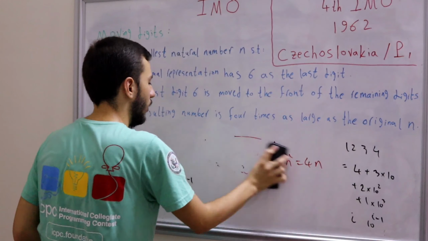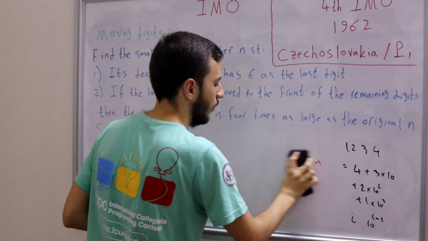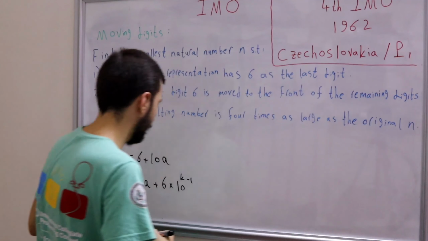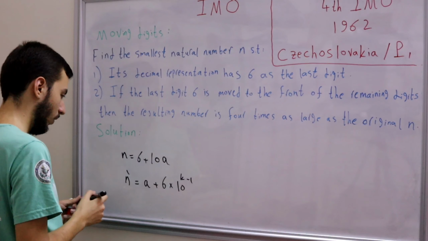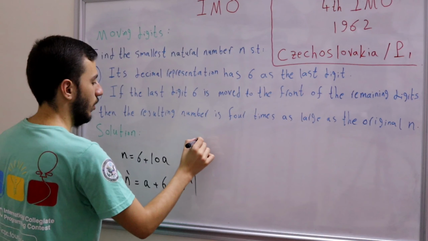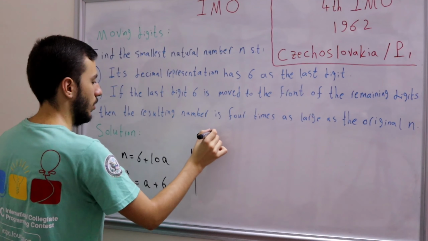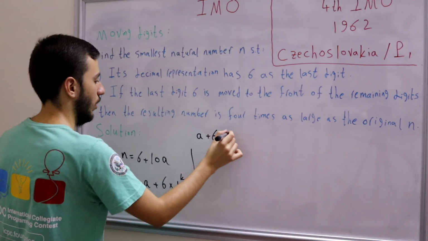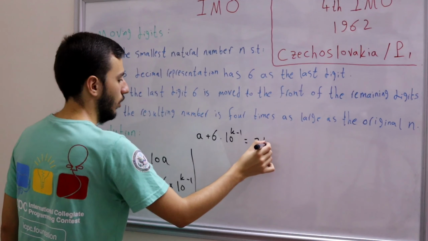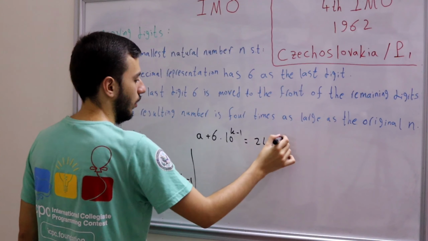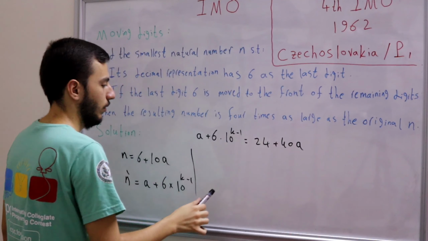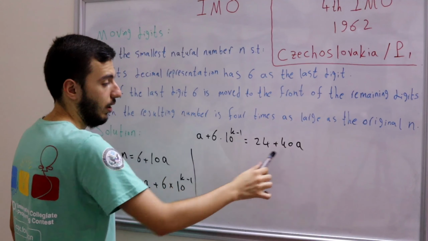Alright, so let's erase this here. And now we'll just write the equation. So n prime, which is a plus 6 times 10 to the k minus 1, is equal to 4 times n, that is 24 plus 40a. Well, clearly we can collect a there, and it will be 39a.